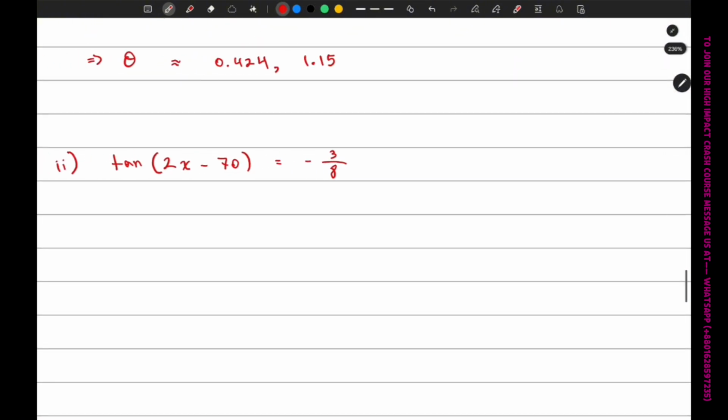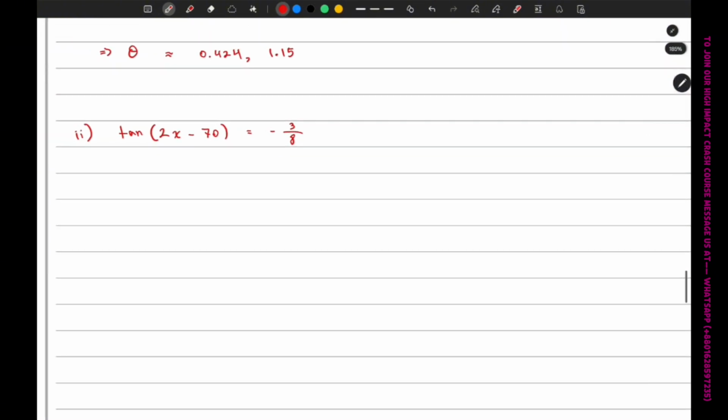Now what we need to do is, first of all, completely ignore the negative sign. In your calculator, write down this value, substitute this value. So this gives us a value of tan inverse 3 over 8, which is 20.56 degrees.